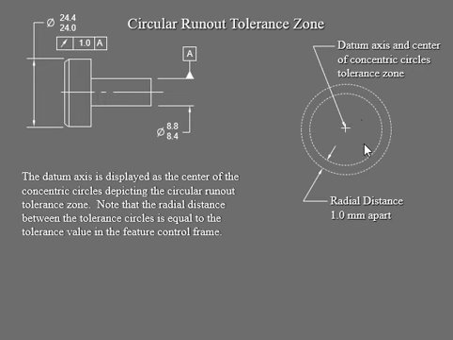Of course, we're going to draw our zone, so we can see the radius distance 1.0 millimeter apart, and then your axis is going to be here, that's coaxial, and then the center of your concentric circle. Concentric meaning a circle is inside of the other circle, which is this diameter and that diameter. So diameter of this body, diameter of the head, sharing the same axis.